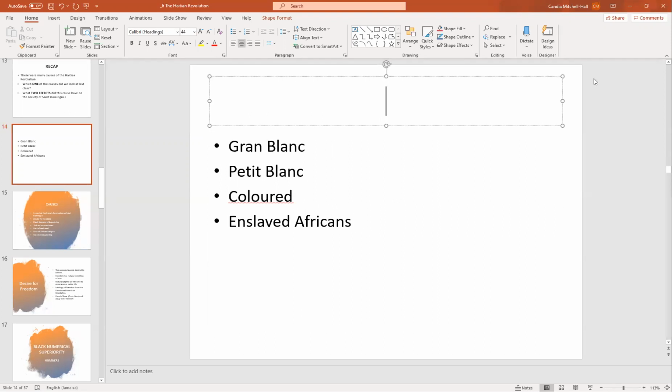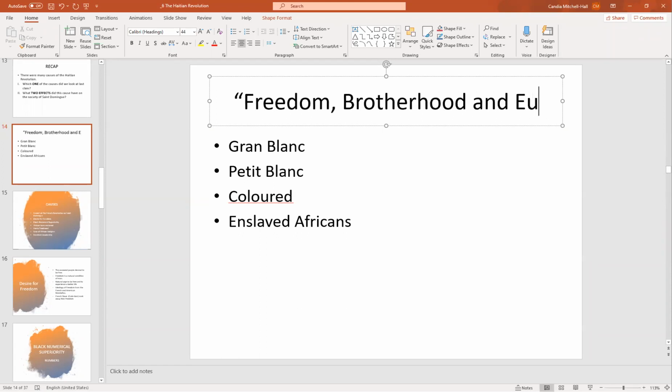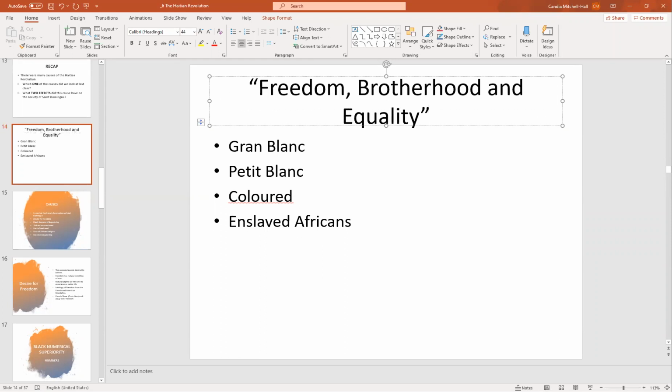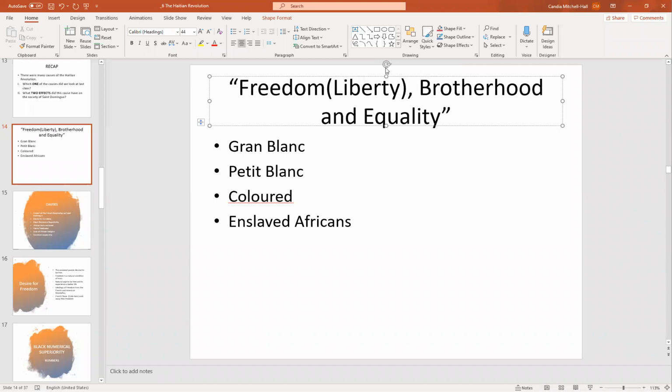So we know for sure that they are going to apply these terms to themselves. Freedom. Equality. Liberty. Sir, question. One second. So liberty is the same thing as freedom.